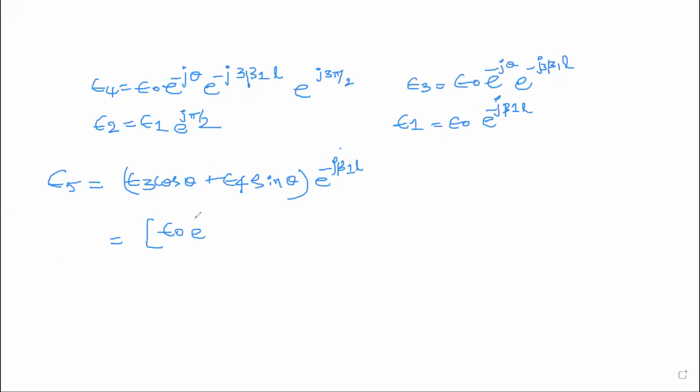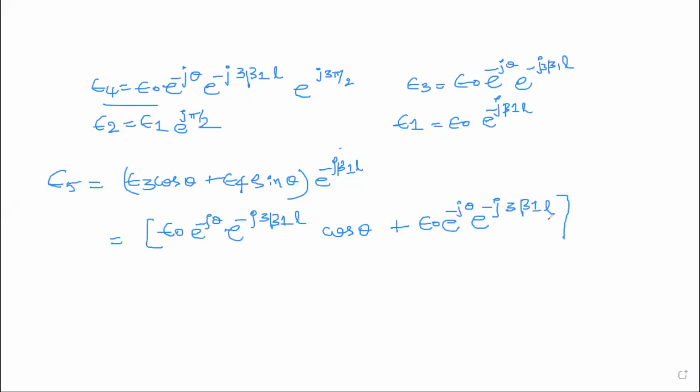So E0 e to the power minus j theta, e to the power minus j 3 beta 1 L cos theta plus, substitute the E4 term. So you'll have E0 e to the power minus j theta, e to the power minus j 3 beta 1 L, e to the power j 3 pi by 2, into e to the power minus j beta 1 L. Now take out the common terms.